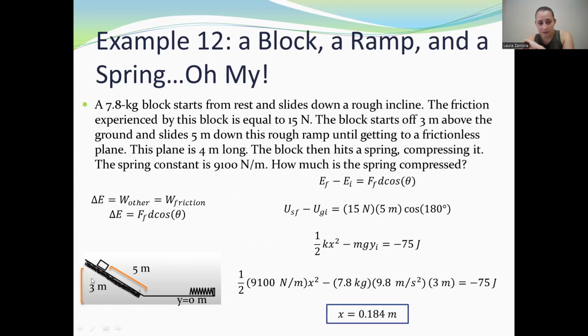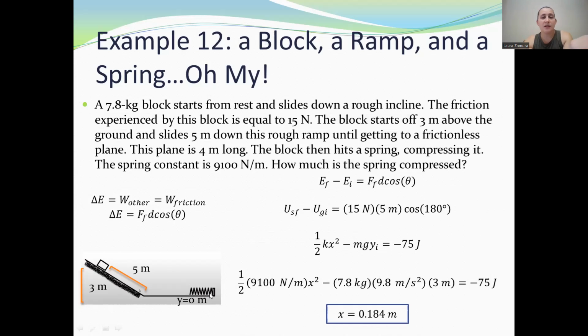Okay. Initially, when the block is up here on the ramp, we do not have kinetic energy again, because the problem tells us it starts from rest. So initially this block has a speed of 0. So it has a kinetic energy of 0. When the block is up here on the ramp, the spring is not being stretched or compressed. So it is not storing any energy at the moment.